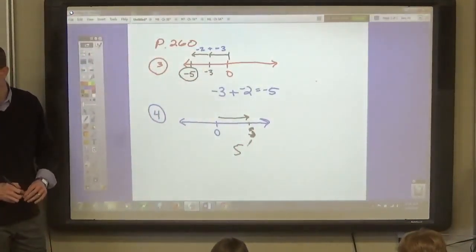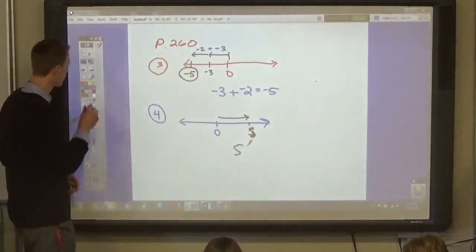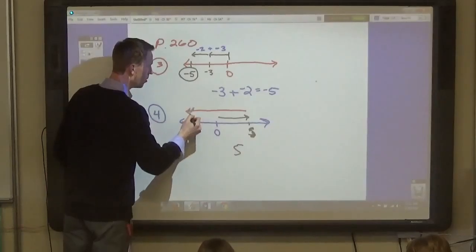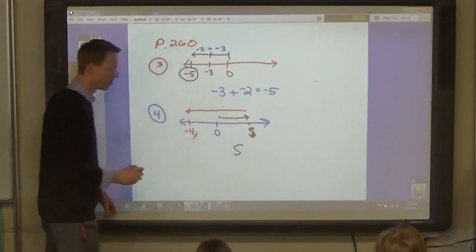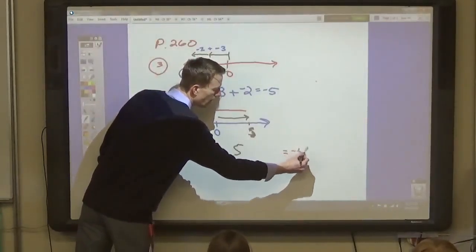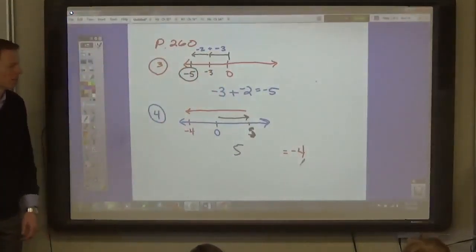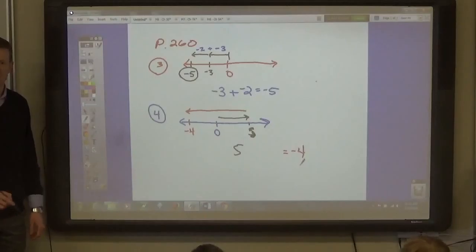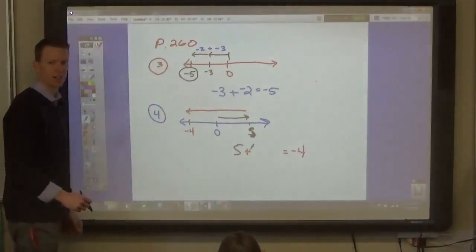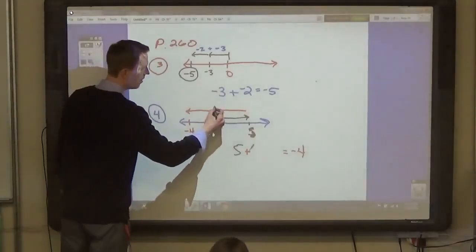Then in the second move, it goes all the way to the left to -4. How are we going to get from 5 to -4? Add what? -9.